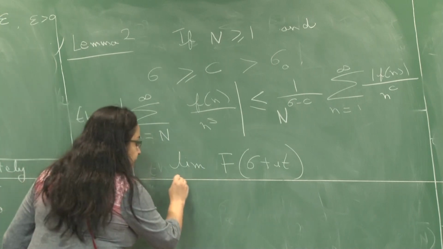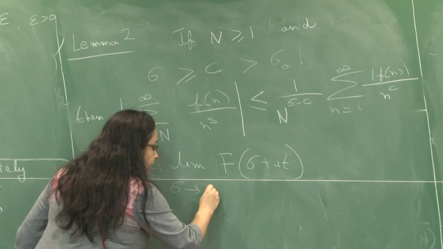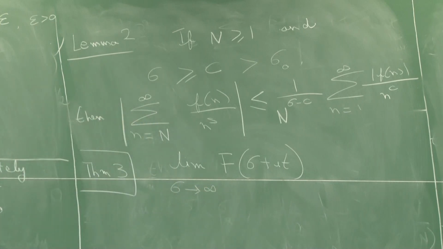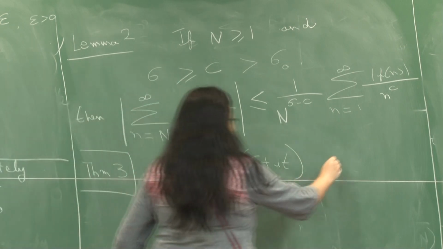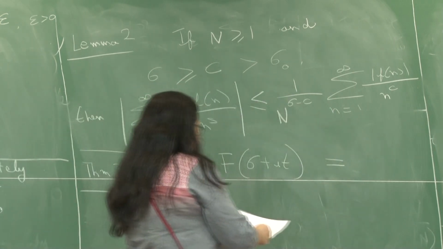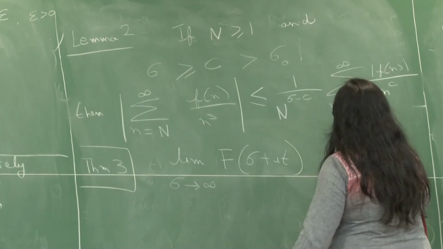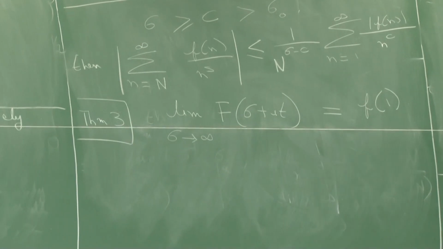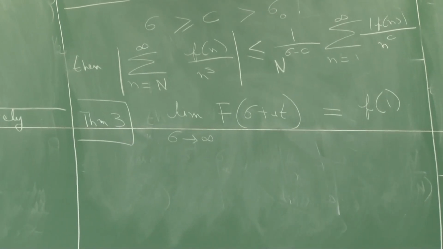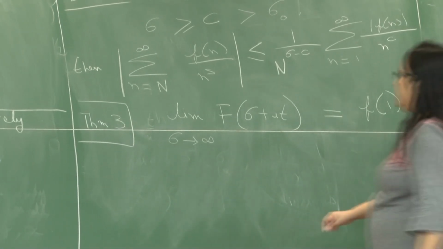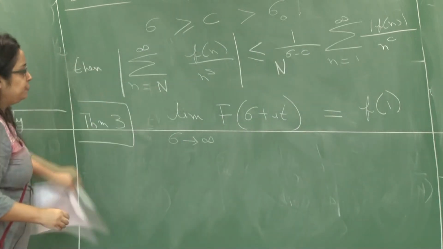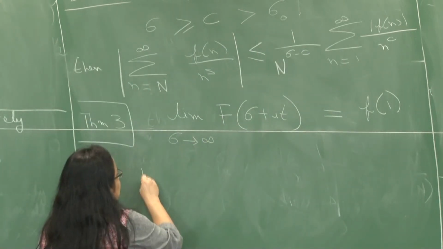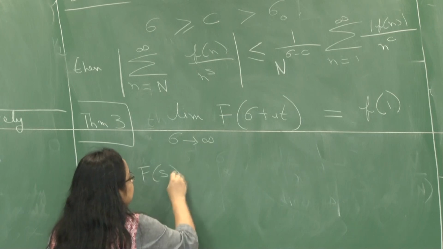Then the amazing thing is that as sigma goes to infinity, this will have a limit, and in fact the limit will turn out to be exactly equal to f of 1. And why is something like this true? So what we do is we write our f of s.